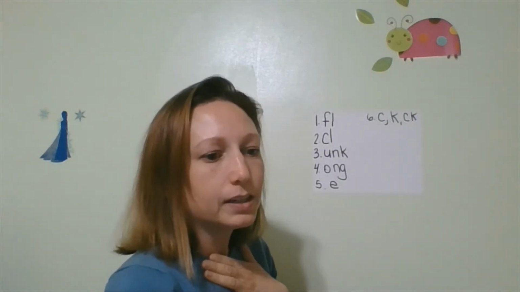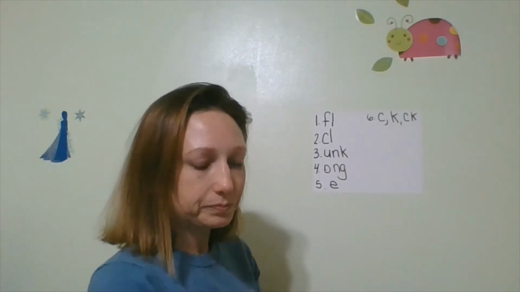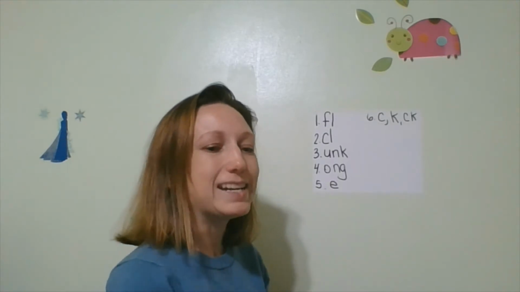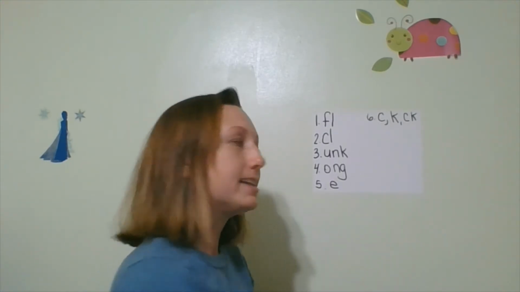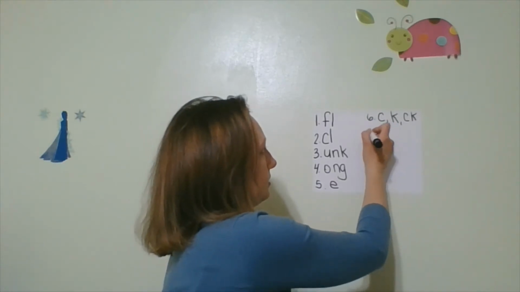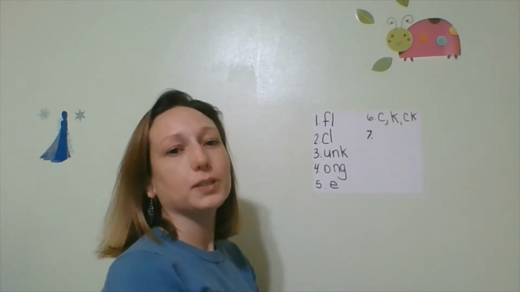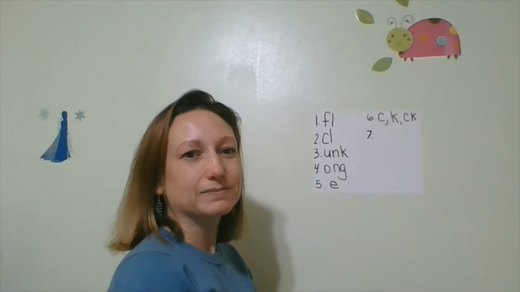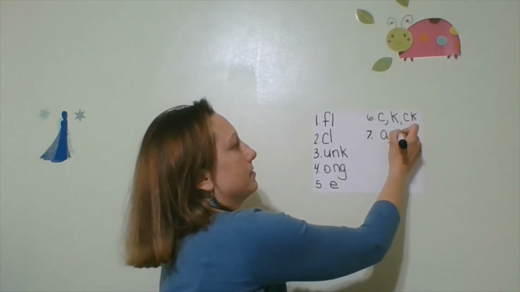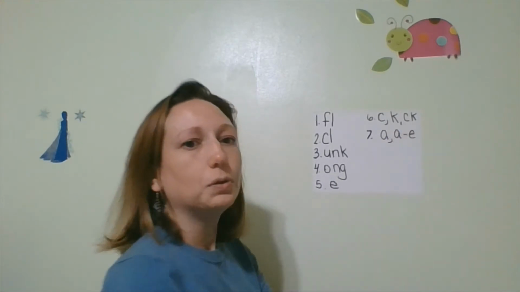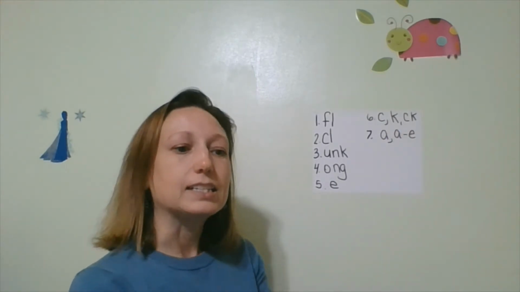Excuse me. Number 7, 2 ways to write A. And what 2 ways do we know to write A? A by itself, or A consonant E.